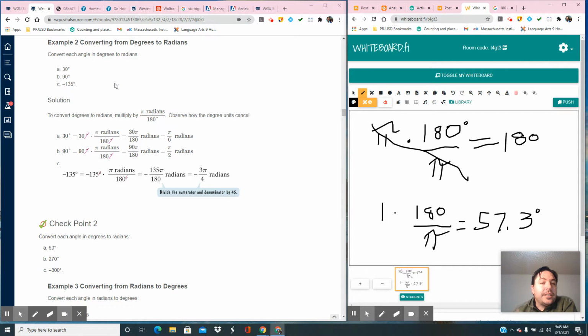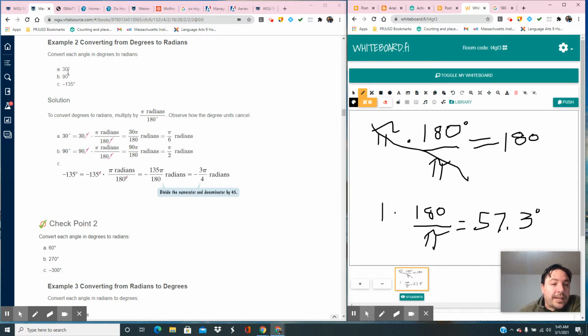Converting degrees. Convert each angle in degrees to radians. I would multiply this one, the 30 degrees, by pi over 180. So 30 over 180 would be 3 over 18, would be 1 over 6, would be pi over 6.